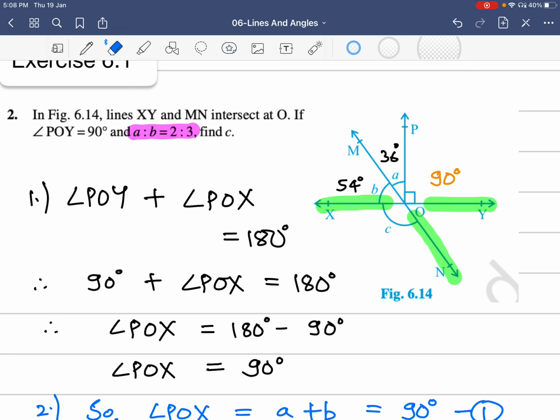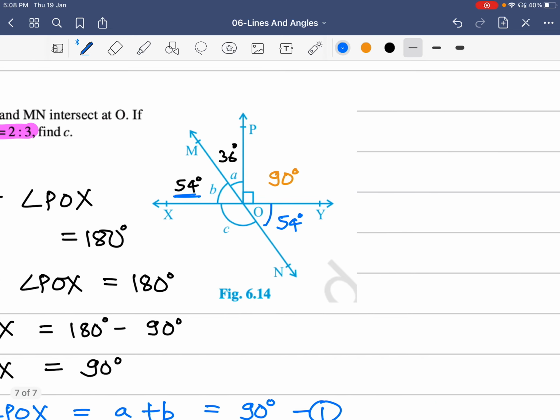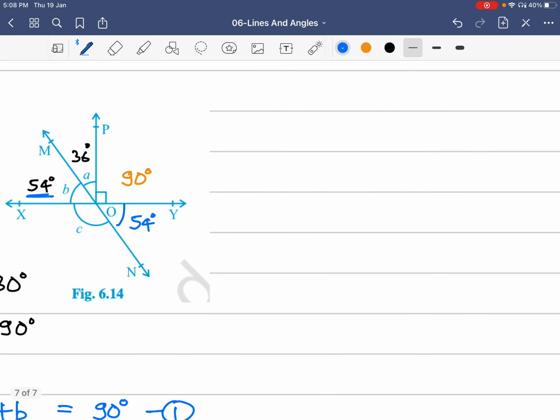Once again, let's get rid of this highlighting. Since this is 54 degree, this angle is also 54 degree, because they are vertically opposite. So I'm just going to mention here, that angle will be XOM. Let's use the highlighter again.